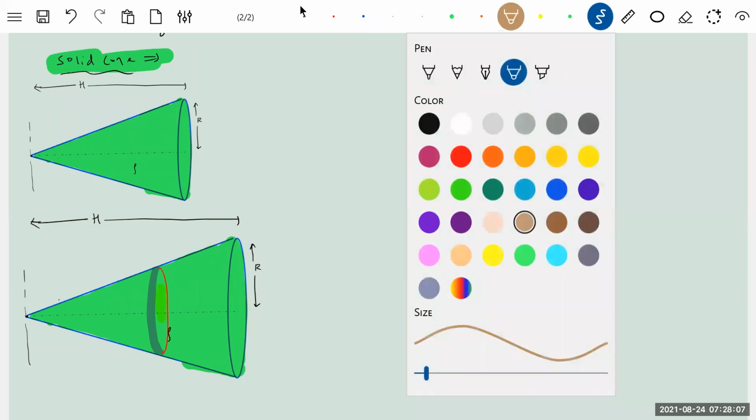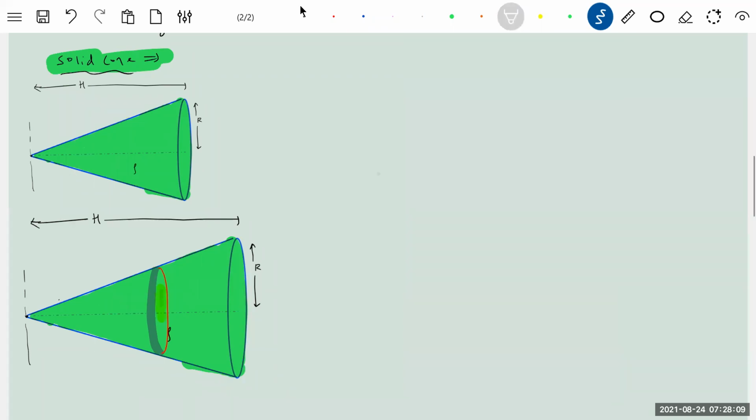We have to assume a thin circular disc of radius y, thickness dx, let it be at a distance x.